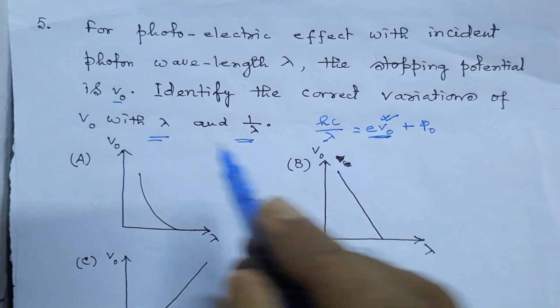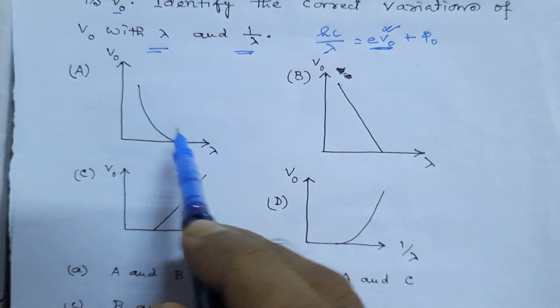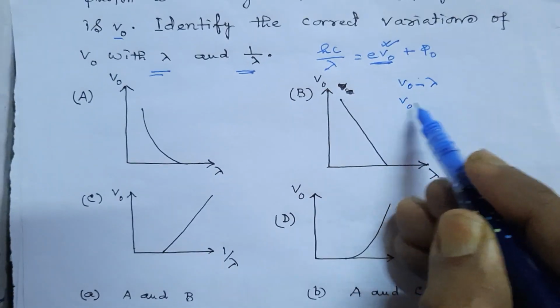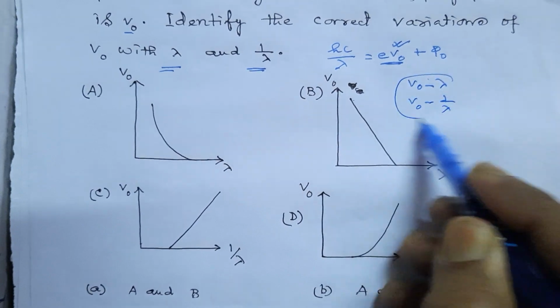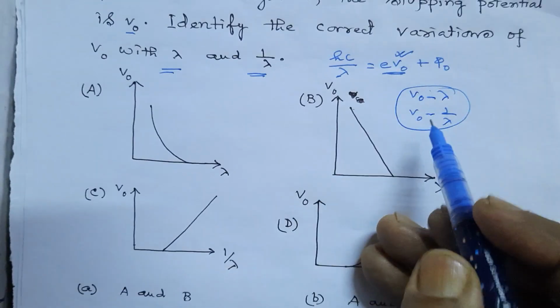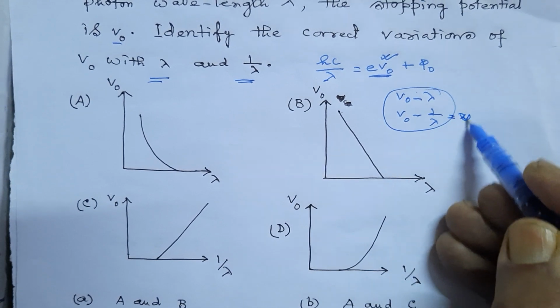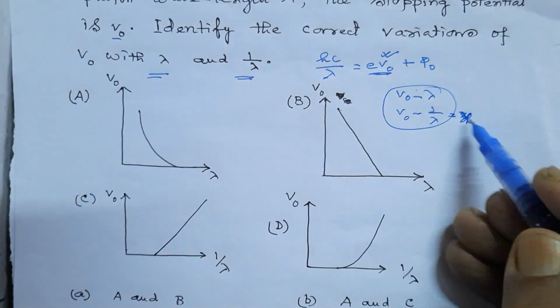Now, we are to find the nature of the curve in the two cases, V0 versus lambda and V0 versus 1 by lambda. Let us take the case 1 by lambda at first. Let 1 by lambda equal x.